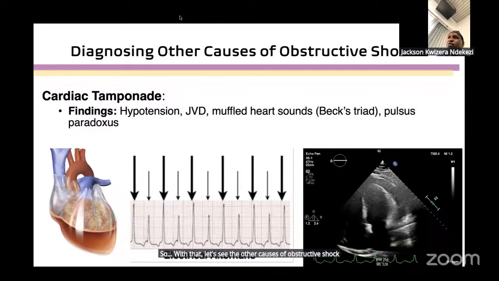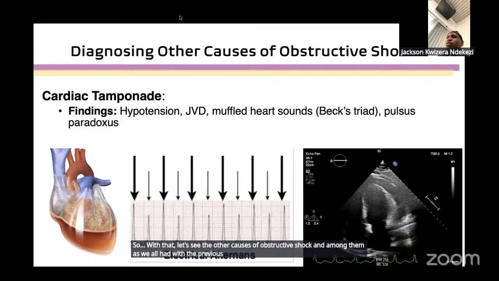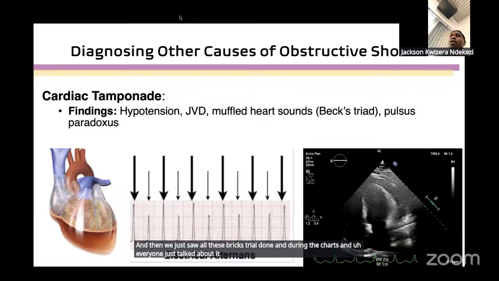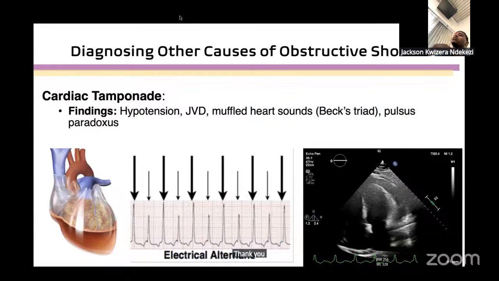And among them, as we saw with the previous presenter, there is cardiac tamponade. And then we just saw Beck's triad, and everyone just talked about it. We have this classic clinical presentation of hypotension, jugular distension due to obstruction of blood towards the heart.